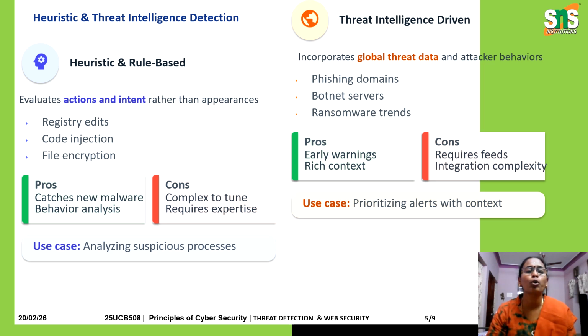Heuristic and rule based detection means we follow certain rules and regulations. Say, for example, when you log in, not only the password but also a captcha is required, which is additional prevention for accessing your own data. This additional security avoids such threats to private data from unauthorized persons.